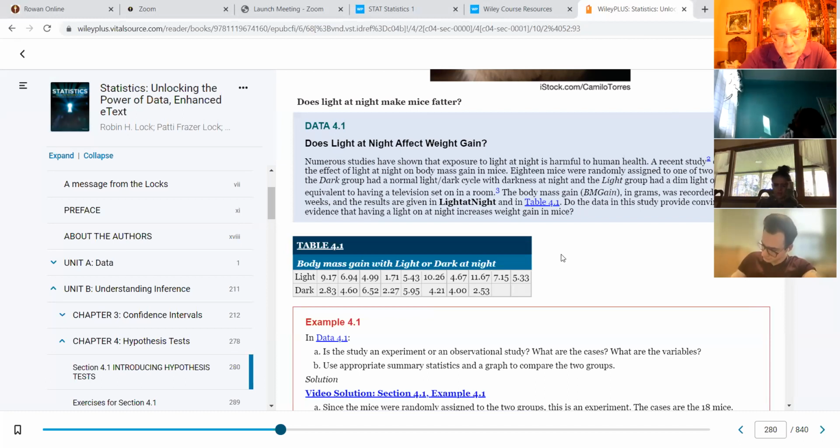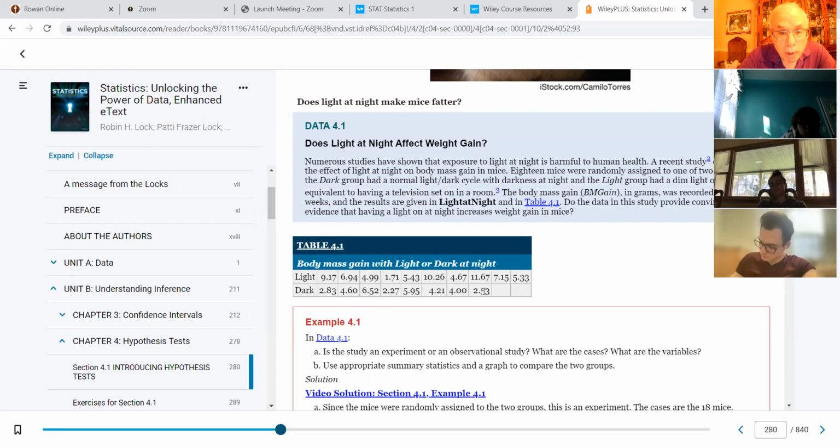All right, so there's the data set. So basically, these are body mass gains, all right? All these numbers here, and there's the group that was randomly assigned to light at night, and there's the group of mice randomly assigned to regular darkness at night.